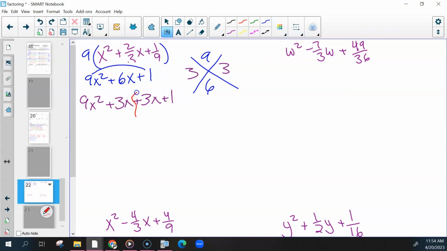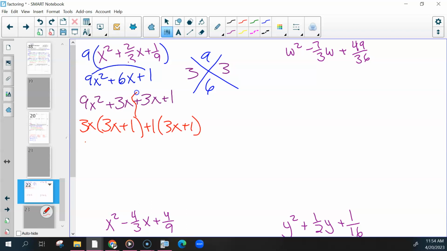So what would the first two have in common? 3x. Leaving us with what? 3x plus 1. What do the second two have in common? Positive 1. So it would stay the same.